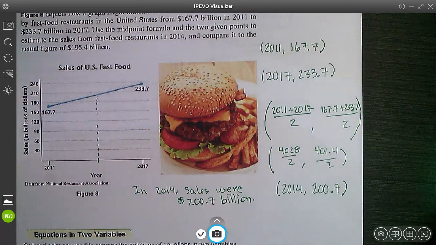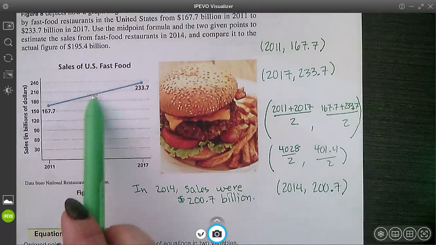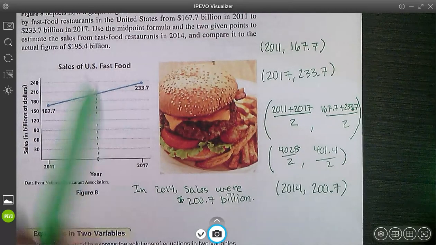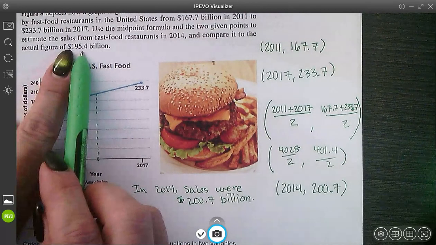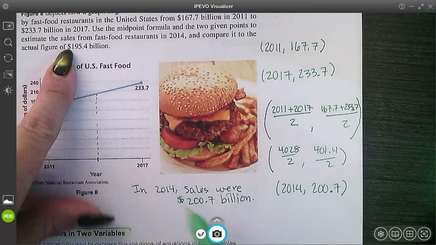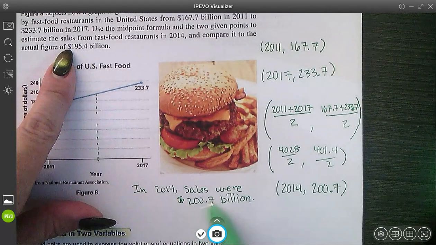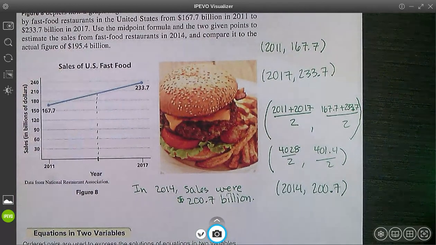The model is a little bit hard to eyeball, but the actual figure is 195.4 billion. So we were a little bit higher based on our midpoint, but it's really very common for the model that we use to be slightly off from what actually happened. So I wouldn't be too concerned about that.